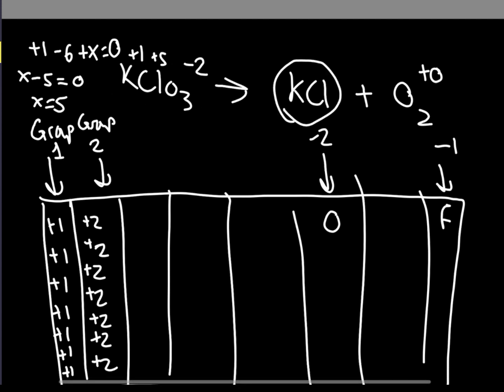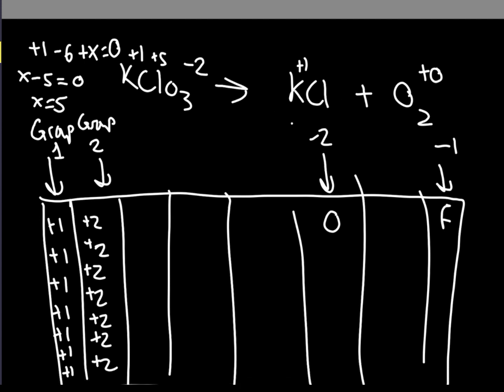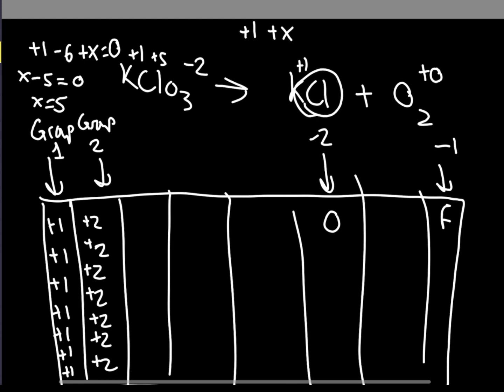Let's look at KCl. We know that K has a +1 charge, once again. The whole molecule is neutral, which means the positive charges have to balance out the negative charges. We don't know the oxidation number of chlorine, but we can set this equation equal to 0. Solving for X, chlorine has a -1 charge in this case.